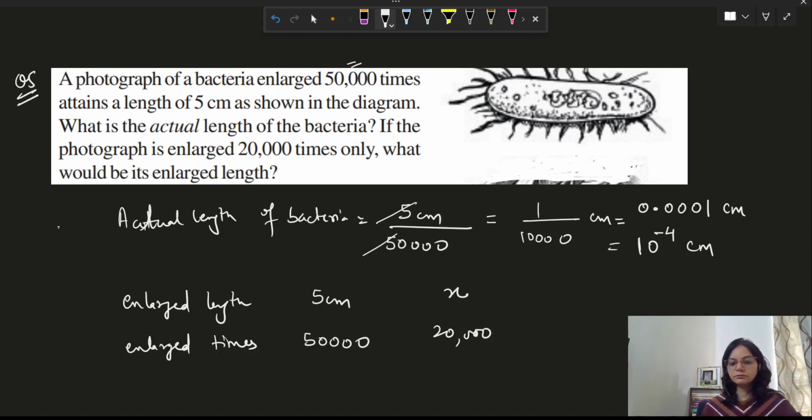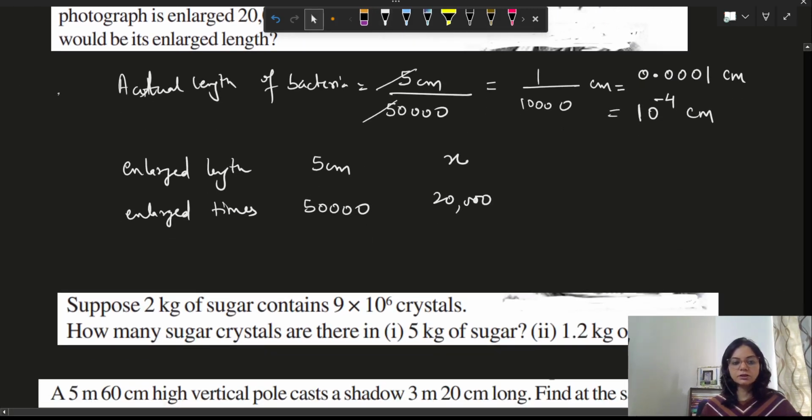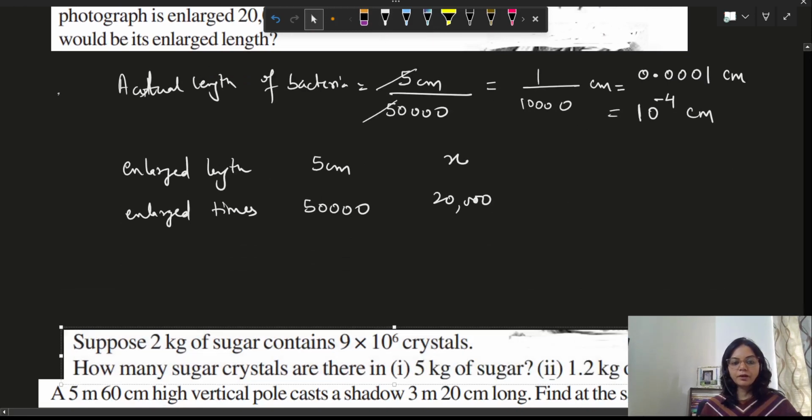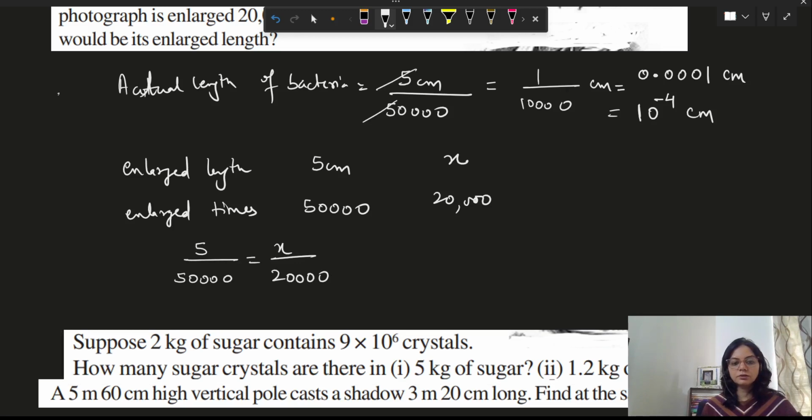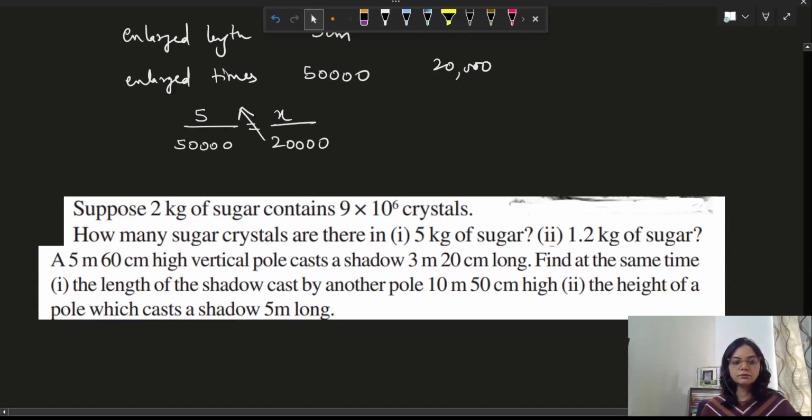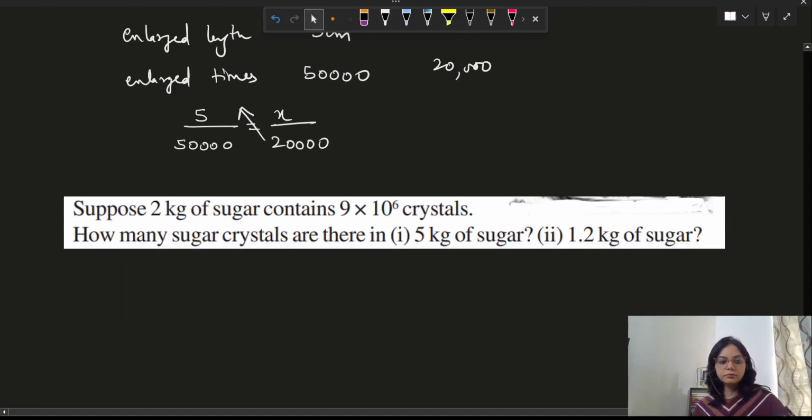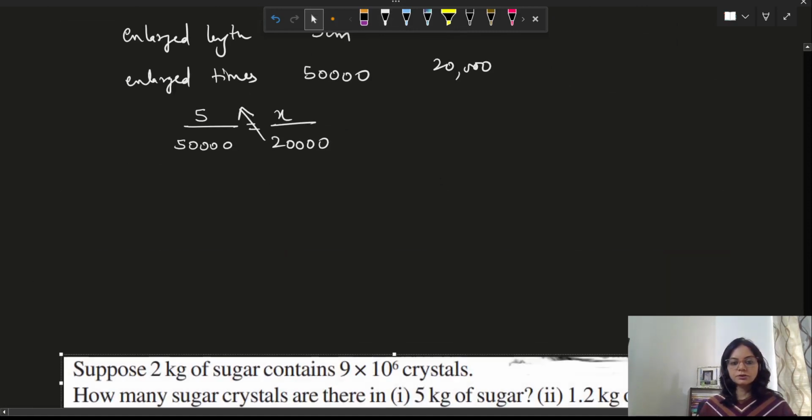You know it's a direct variation case. Yes, students, it's a case of direct variation. So let us begin. It will be 5 by 50,000 equals x by 20,000. So I just take it over here and do the calculation. We will not be able to do so many questions in one video.